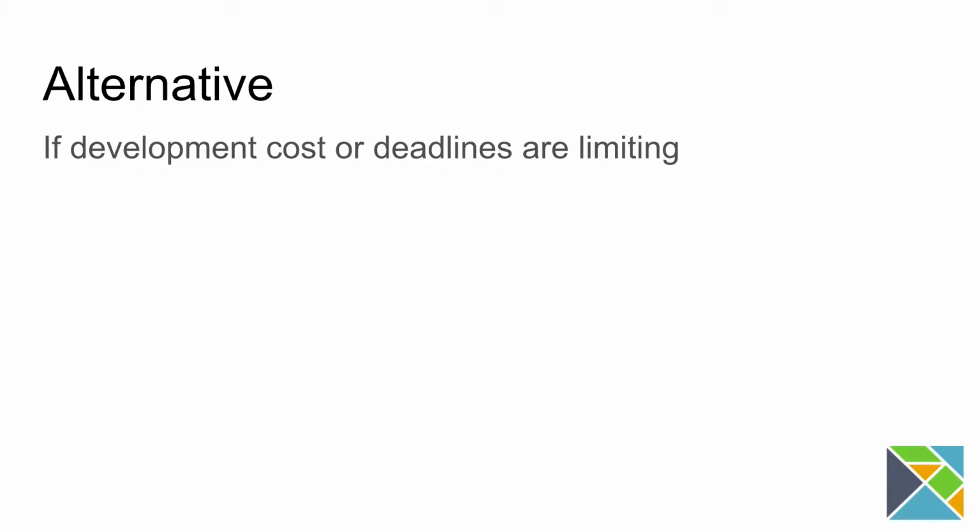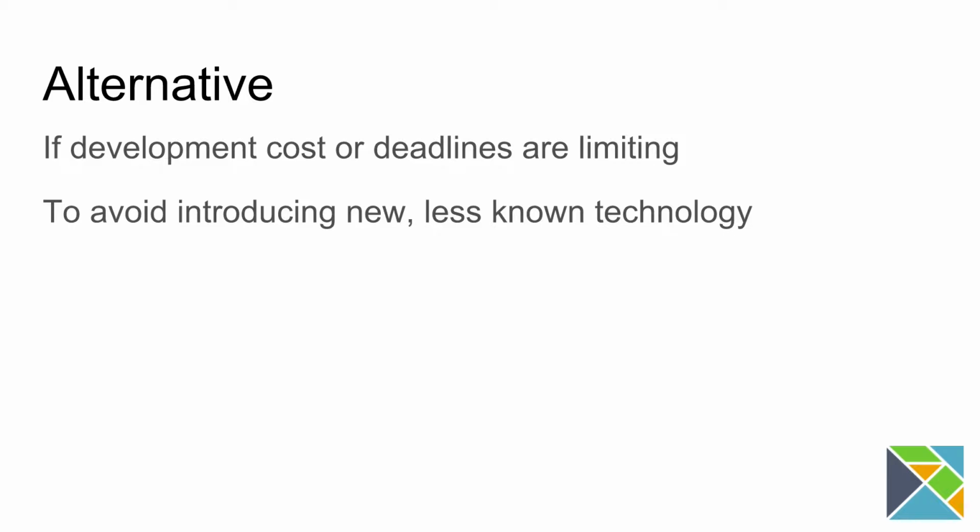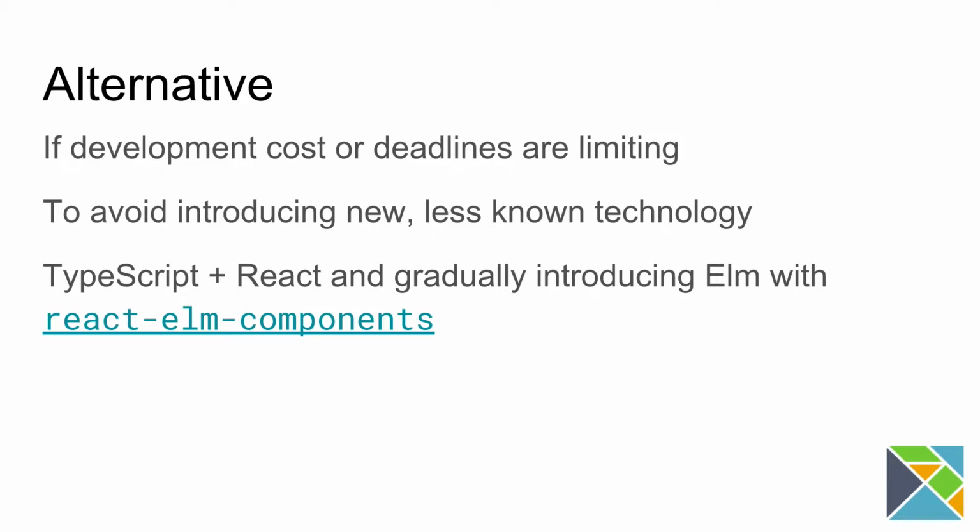But alternatives: if you are working on tight deadlines and you're limited by the development costs, which are real-life constraints, and don't want to introduce lesser-known technology like Elm, which doesn't have the mainstream appeal, you can use something like TypeScript and React, which has an easier point of entry.